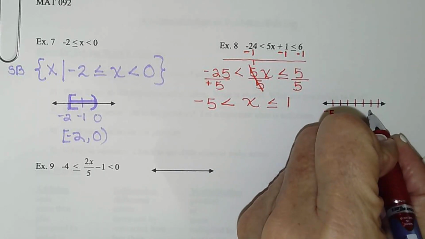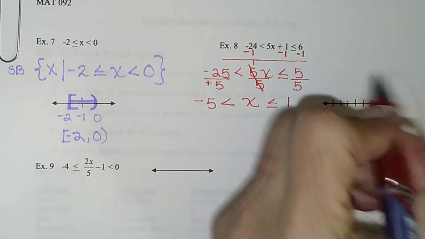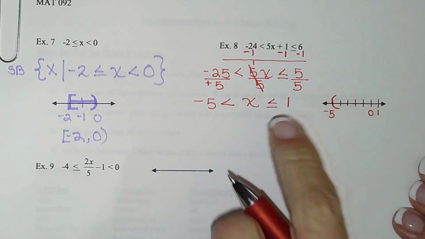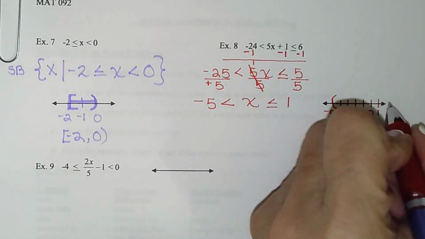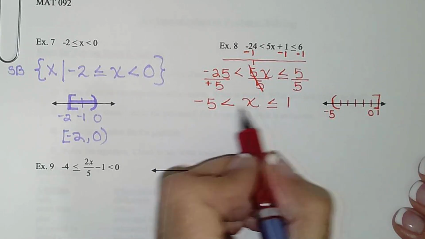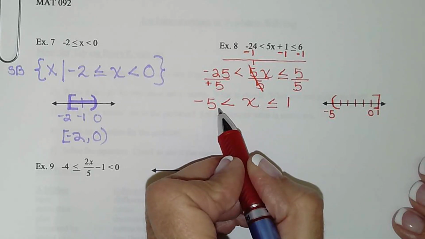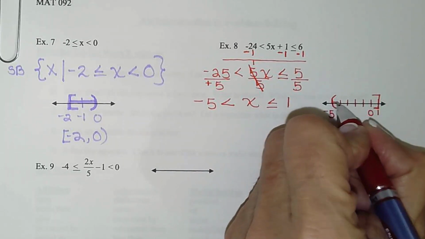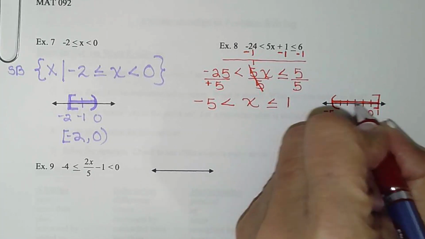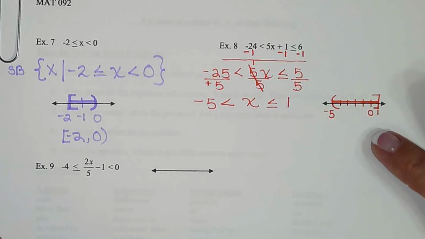Maybe I'll label 0, 2. -5 gets a parenthesis. 1 gets a bracket. And because x is in the middle, that means the solutions are in between -5 and 1. So I shade everything in between -5 and 1.